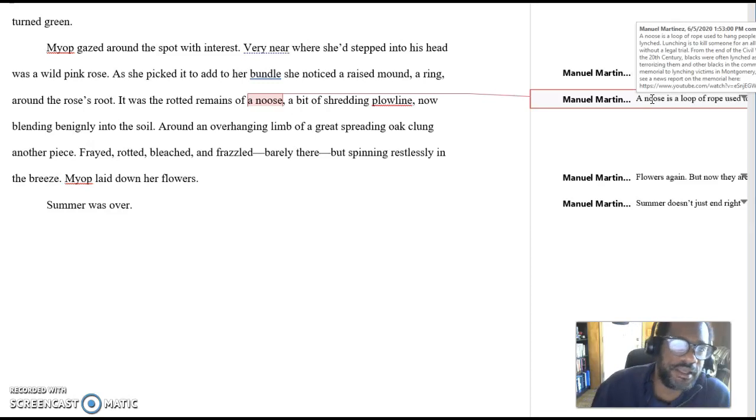But the idea here is that this man was killed by being lynched, right? You would just have mobs who would come out and kill somebody, kill a black man, or usually men, but sometimes women as well, for alleged crimes. Sometimes they weren't even crimes.